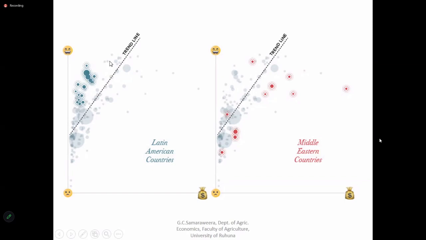Because let's say they got an injury or something, they can take medicine quickly, they have money. Latin American countries and Middle East countries especially did. Perhaps in the Sri Lankan situation also we can observe the same. But happiness cannot be purchased by using money.